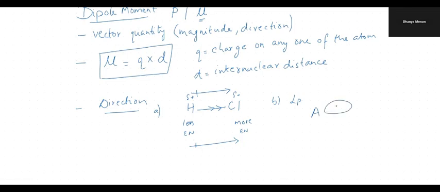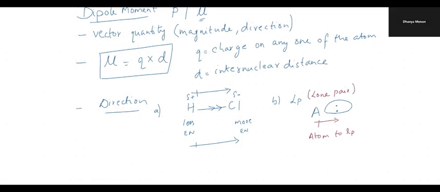Then the direction is from the atom to the lone pair, like this. So it is from atom to lone pair, where LP stands for a lone pair. This is how we express the direction.